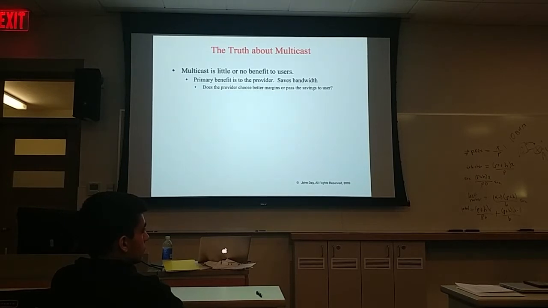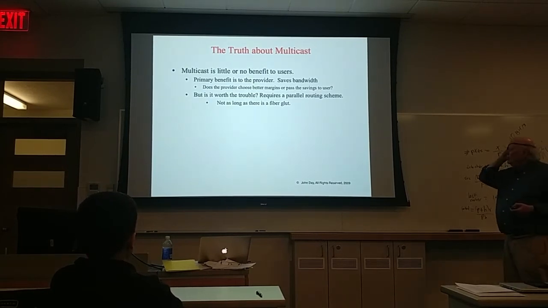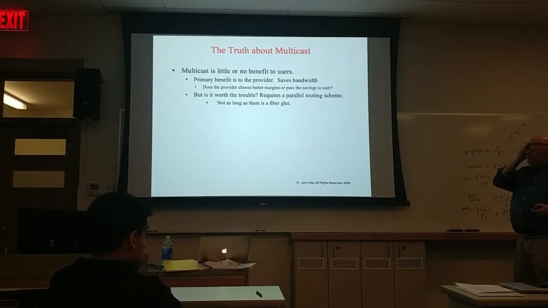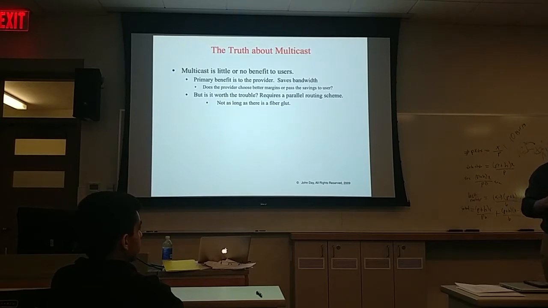Right, and capacity. But is it worth the trouble? It requires a parallel routing scheme. This has been one of the reasons that they haven't really been doing it. ISPs are a little nervous about what happens if I put this parallel routing scheme for multicast in alongside my unicast routing scheme.